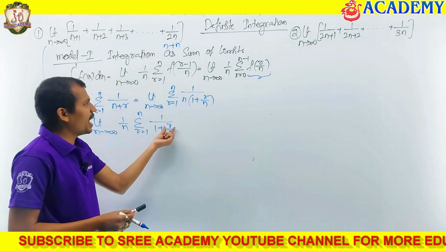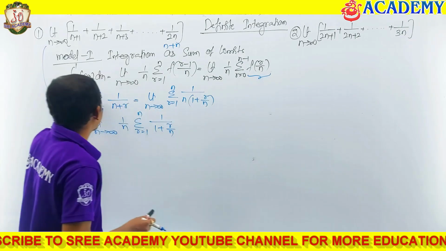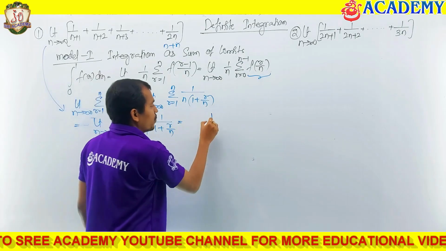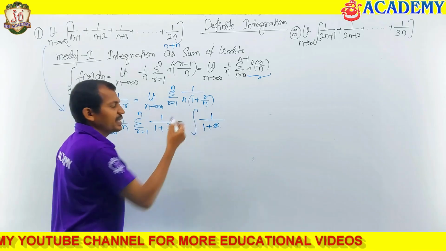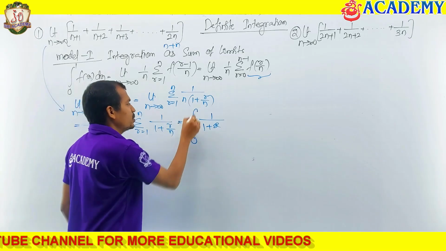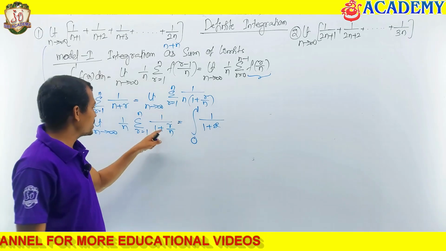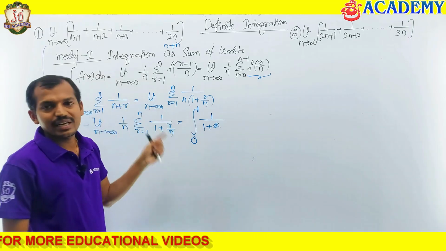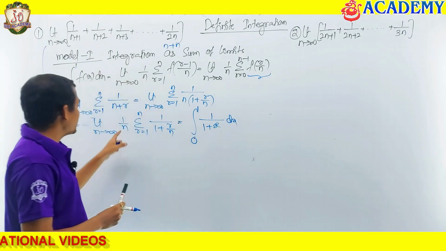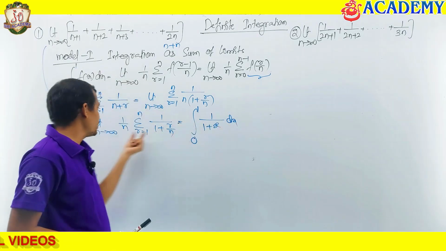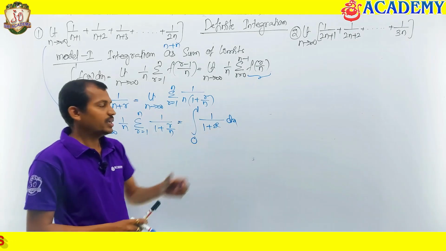Wherever r by n is there, you have to replace it with x, that is 1 by 1 plus x. Here sigma is nothing but integral, and the limits are always 0 to 1. Replacing 1 by n with dx, 1 by n is nothing but dx.